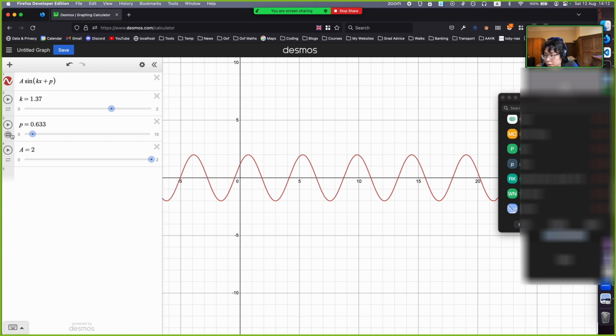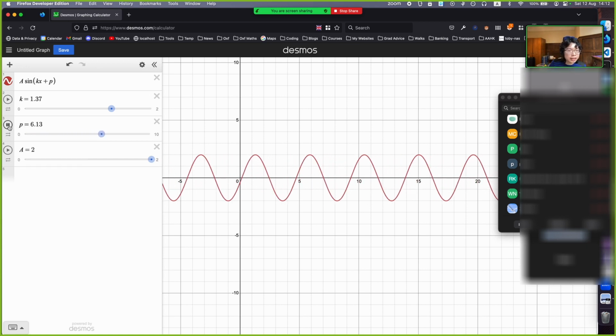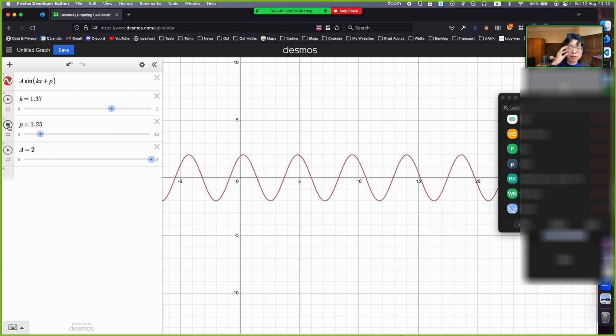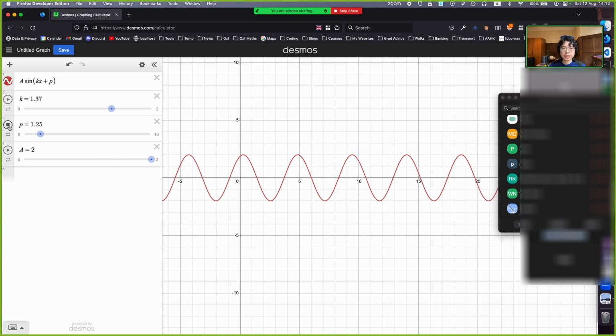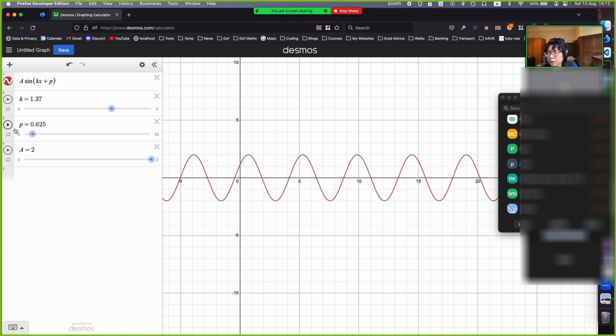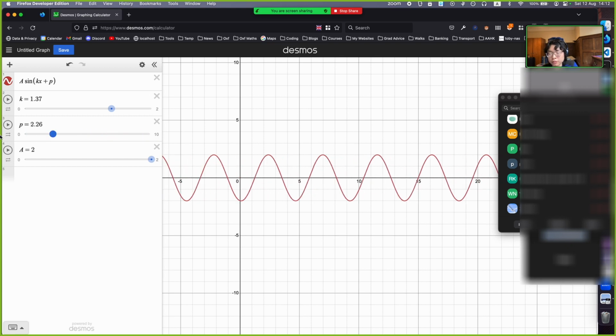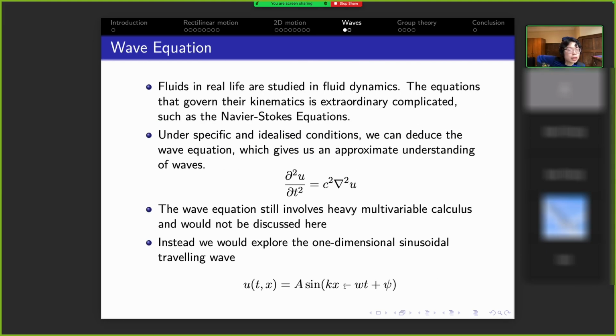If I increase p slightly, this looks like the uniform wave motion we want to describe. And it turns out that's exactly right. To describe this kind of movement, all we need to do is add a minus wt term here. That's actually all we need to do.